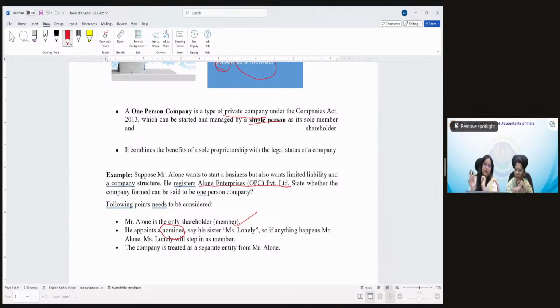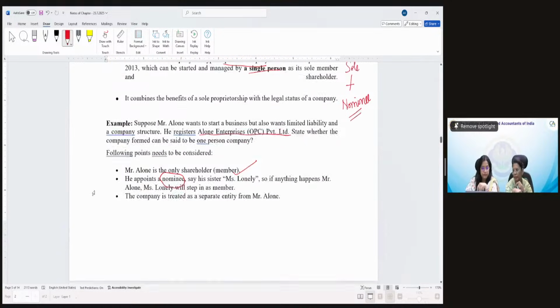So there will be a sole member plus a nominee is also very much needed. The rest of the details of this concept will be dealt with further in your chapter 2, which is your incorporation of companies.